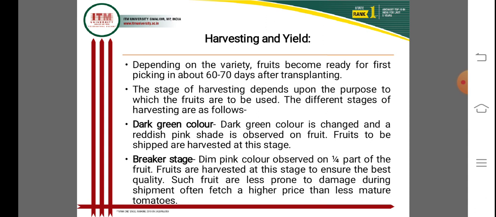Breaker stage: dim pink color is observed on 1/4 part of the fruits, and fruits are harvested at this stage to ensure the best quality. Such fruits are less prone to damage during shipments and often fetch a higher price than mature tomatoes.